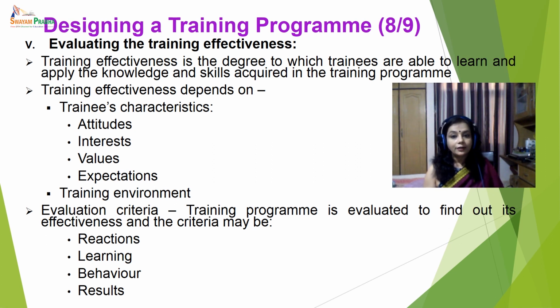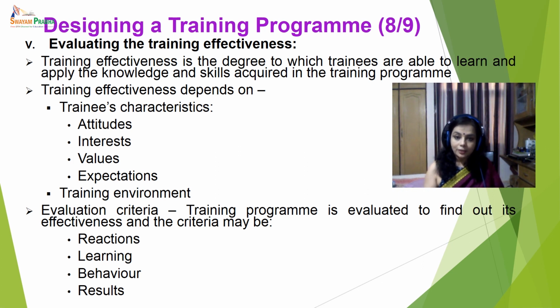So training effectiveness depends on different things. One is the trainee's characteristics and the training environment. Whether a training program will be effective or not depends upon the trainee's characteristics, like his attitude, whether he has a positive attitude towards learning or not.